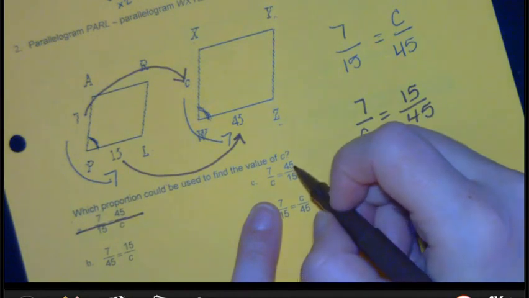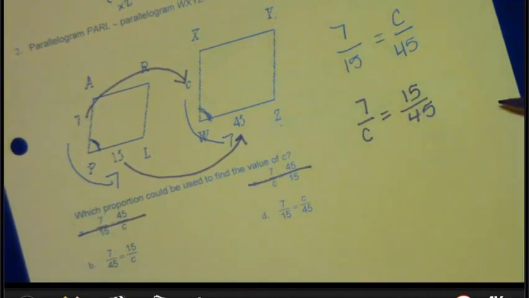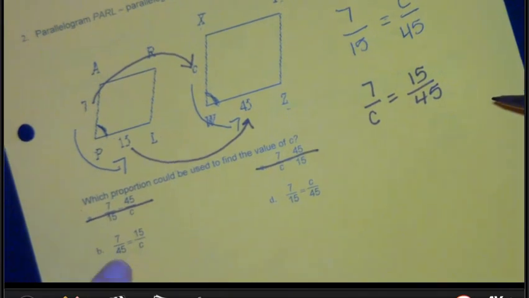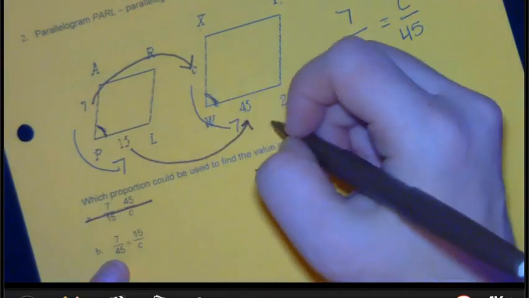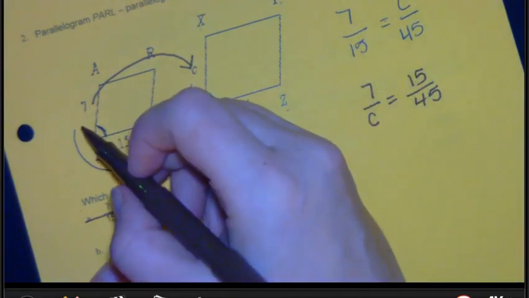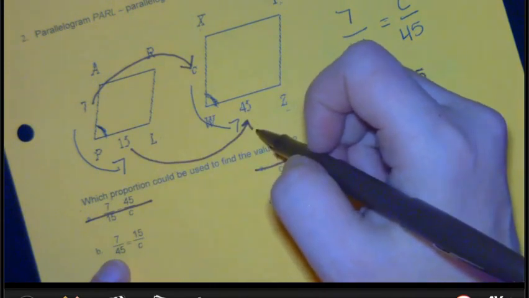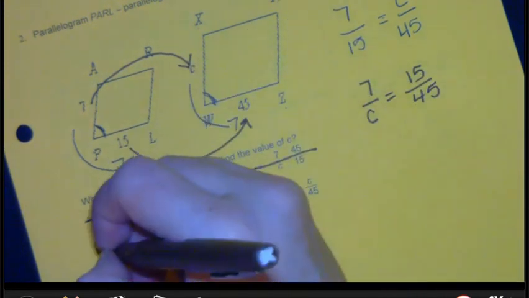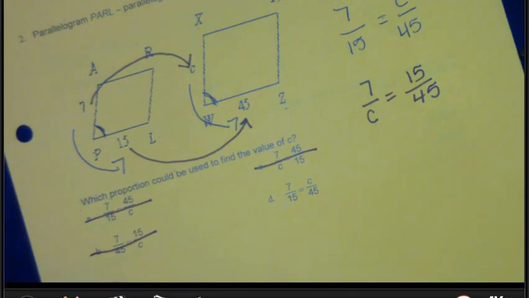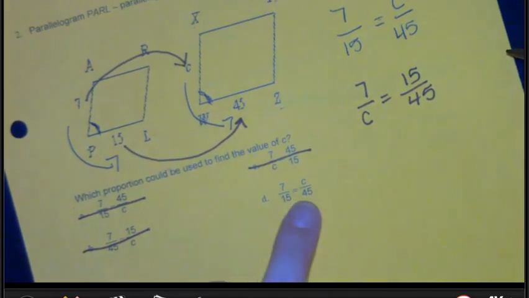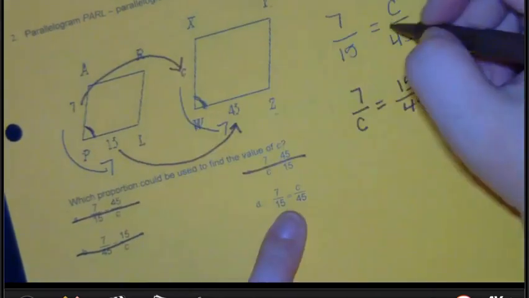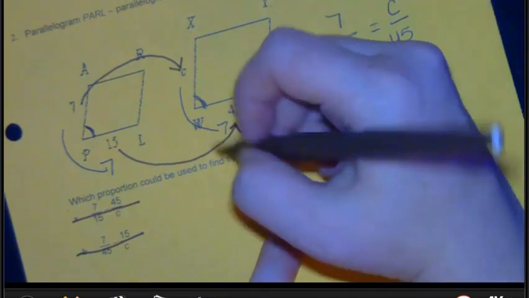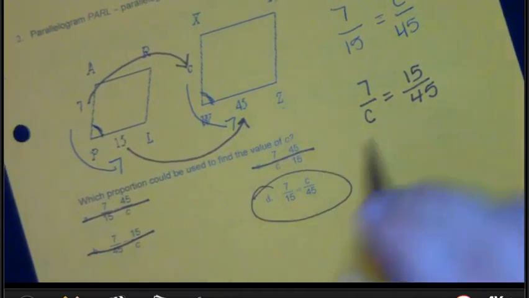Well, this has 45/15, which is not correct. Letter B, I have 7/45. Well, first off, 7 does not correspond to 45, and 15 does not correspond to C. So B is wrong. Which then leaves letter D, 7/15. That's what I wrote. Then C to 45. And that is our only possible answer choice where the proportion is written correctly.